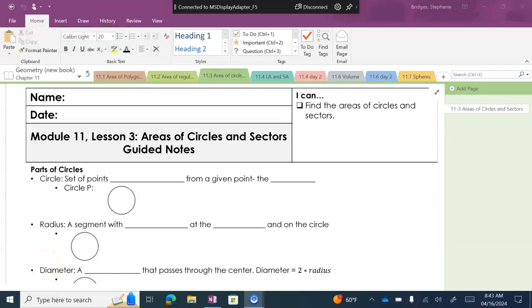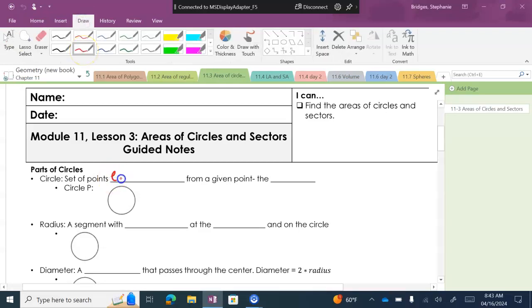So we are going to be talking about circles today, and parts of circles, what we call sectors. A circle is a set of points that are equidistant, that means equal in distance, the same distance away from a given point, which is called the center.